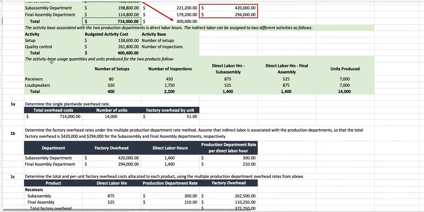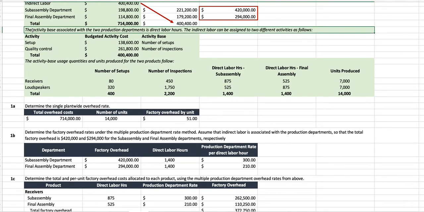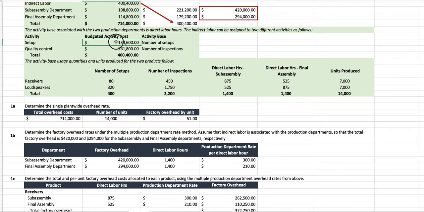As we move down, you'll see the activity base associated with the two production departments that we have, the subassembly and the final assembly. They base their activity on direct labor hours. And here you can see that we've got our budgeted costs for setup and our budgeted costs for quality control.